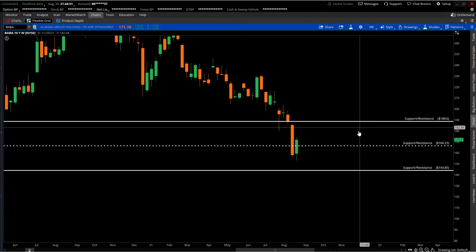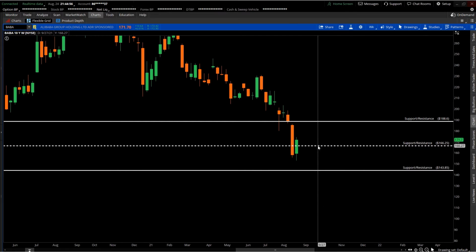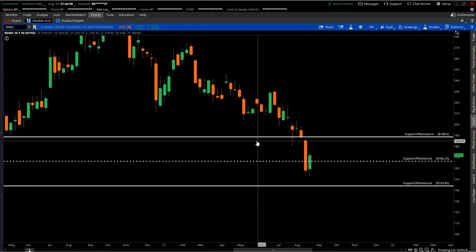So these are the three most relevant support resistance levels that I identified.